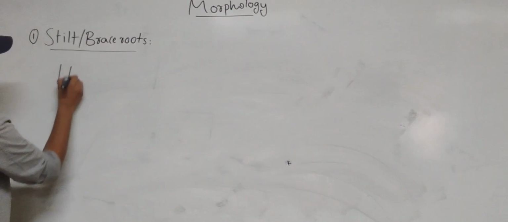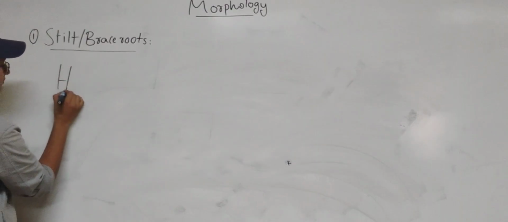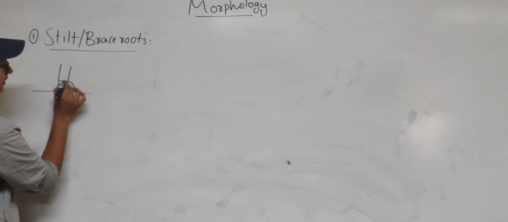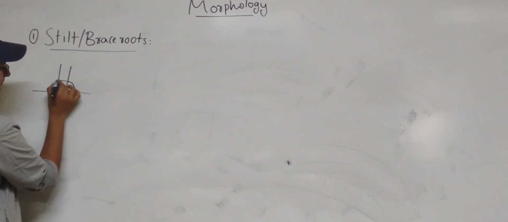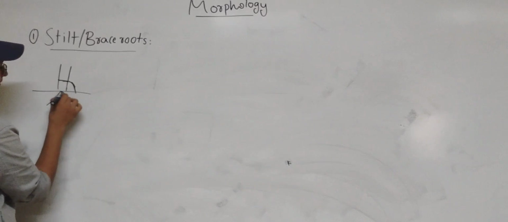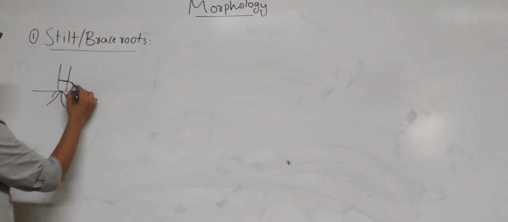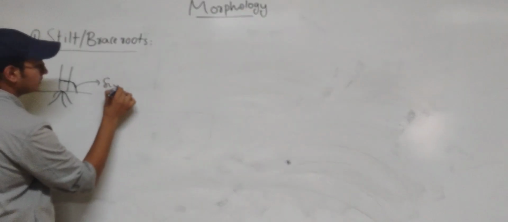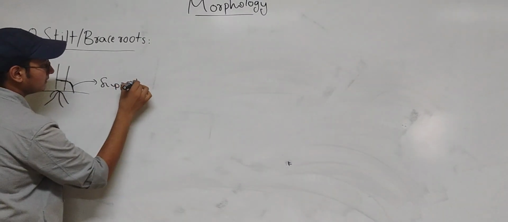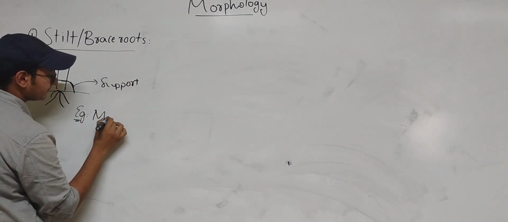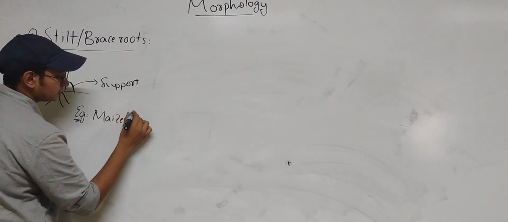If we take this as a plant, the root is developed from the lower side of the plant part, giving support. We can see this in maize and sugarcane.